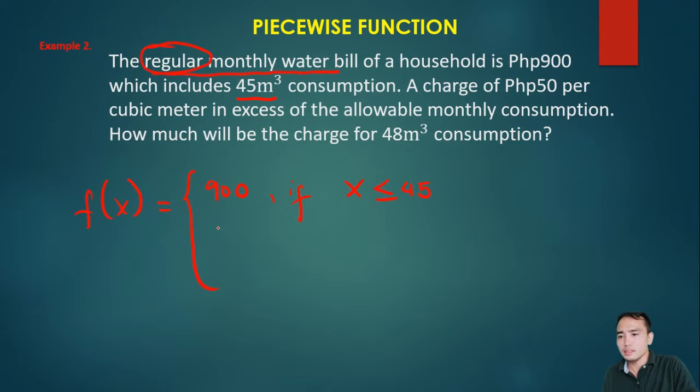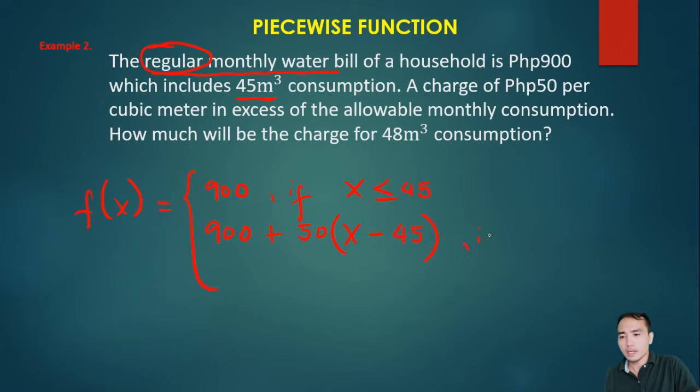So that means 900 plus 50 pesos times na-consume natin na tubig sa isang buwan, minus 45.